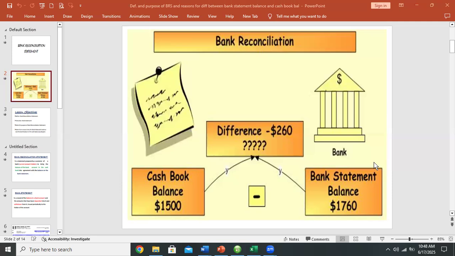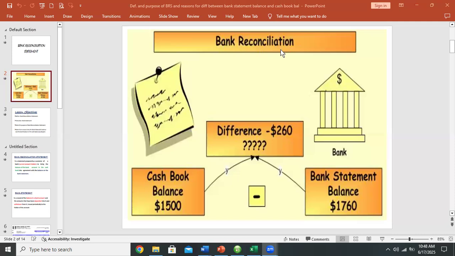Okay, so Alexia put something in the chat: dishonored checks. Dishonored checks. Okay, thank you very much, Alexia. Yes, what again? We also have uncredited checks from Deladem.